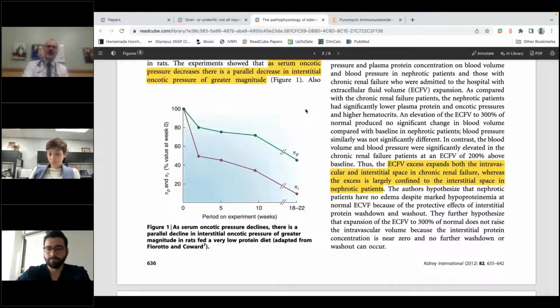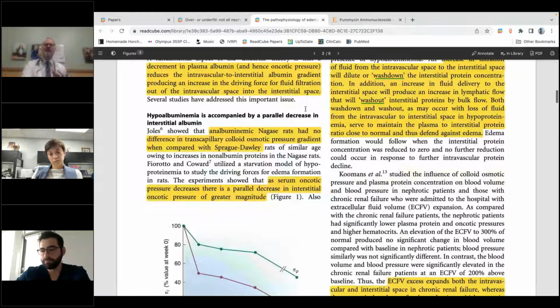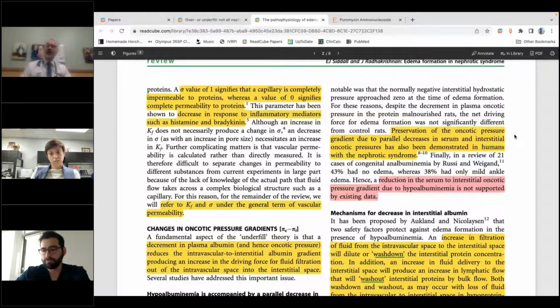So that really pulls the rug out a little bit of that theory that the gradient is shifting, and now the interstitial oncotic pressure is higher and pulling water out. And so they do write and cite that this has been shown not only in these animal models, but also in people.